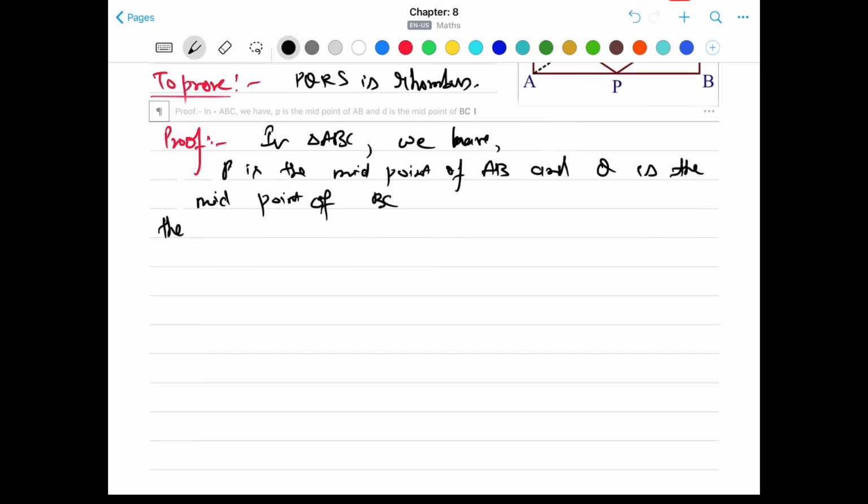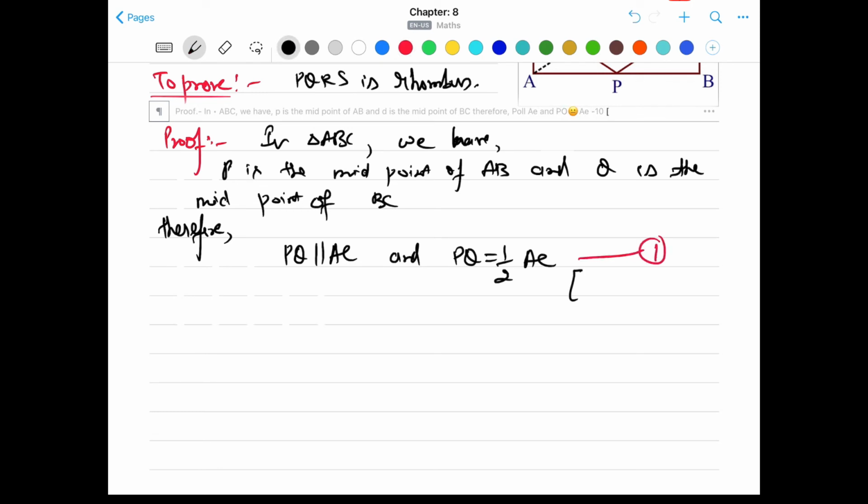Therefore what we have is that PQ is parallel to AC and PQ is half of AC. Let's name it equation number 1, and the reason for this is by the midpoint theorem.